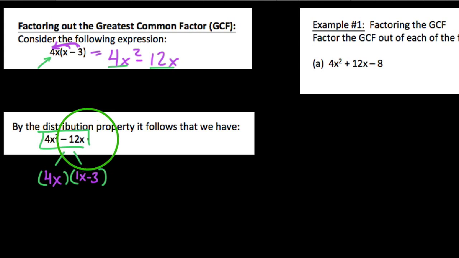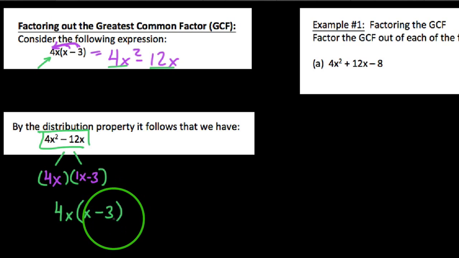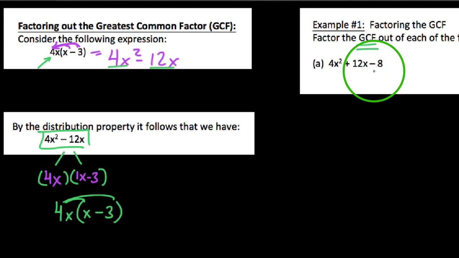And because we had this x here and we divided it out, it would no longer be there. So the quicker way to write this would be to say we took 4x out and we were left with x minus 3 on the inside, and we could always check this to make sure that we get back what we started with. So the idea is, can we take algebraic expressions and factor out the factors that they have in common? And we should always check first to see if an algebraic expression shares a greatest common factor throughout all of its terms.